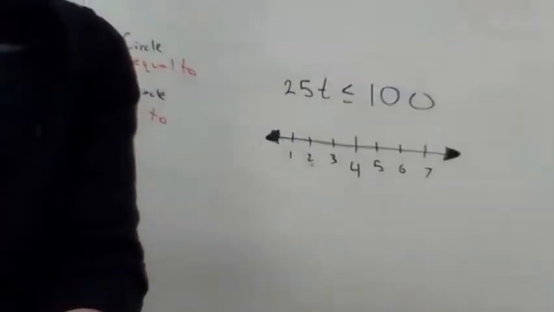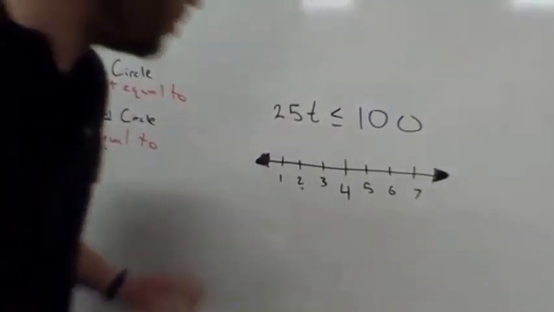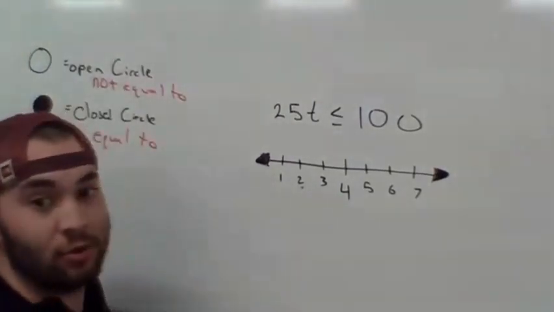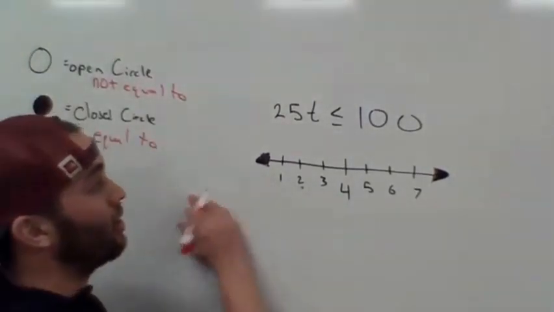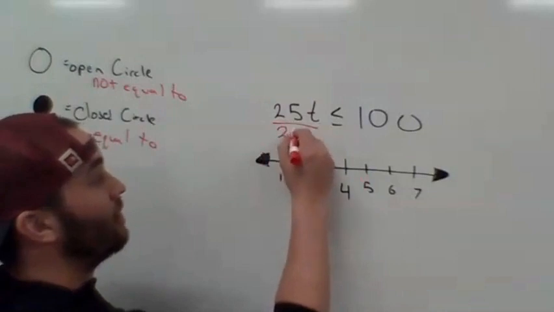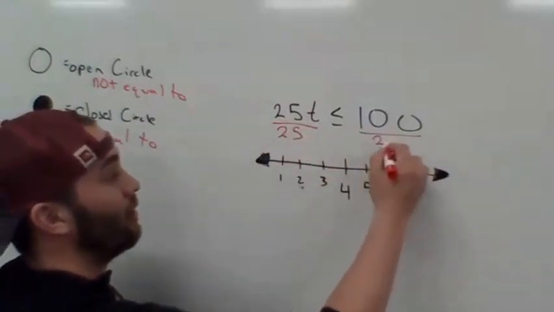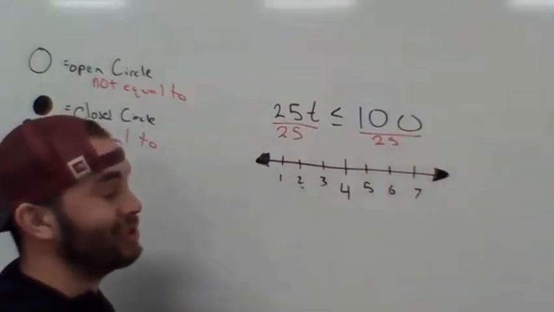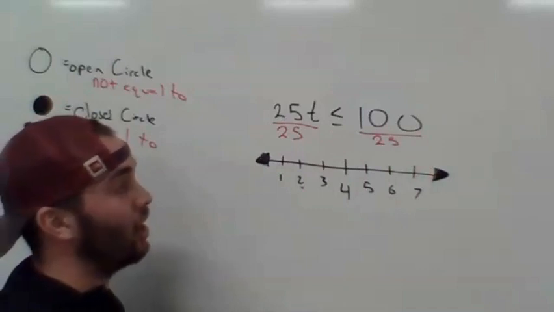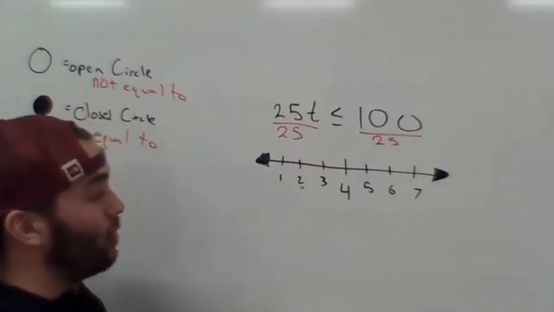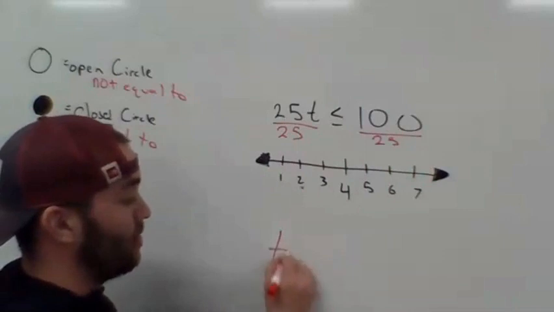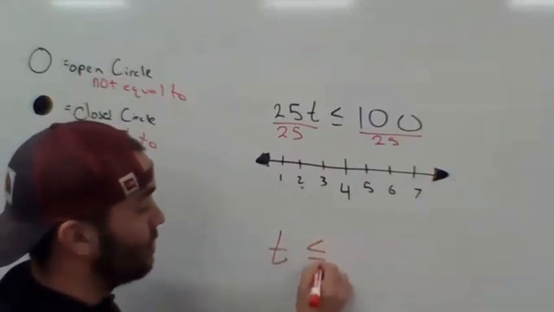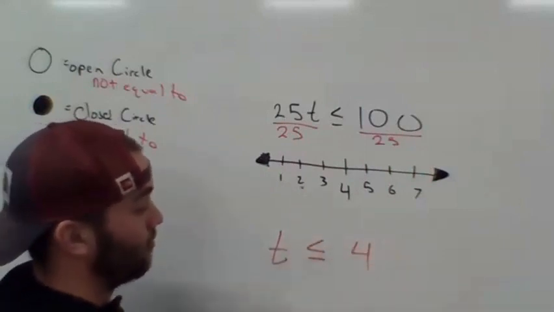This is our last example here. Our last example here is a multiplication problem. Now here, we have to divide by 25 and divide by 25. Again, if you recognize this one, it's because you did this one last on Tuesday. So going forward, we have t is less than or equal to 4.